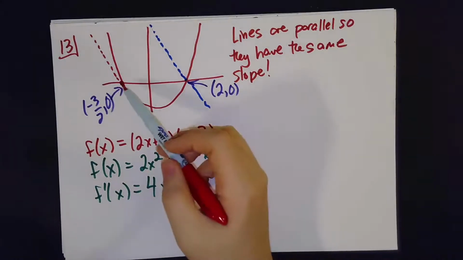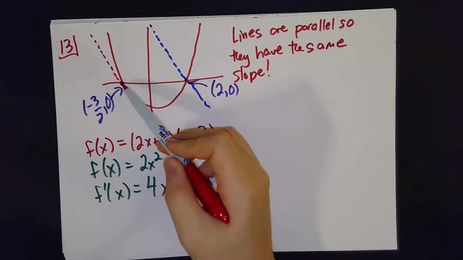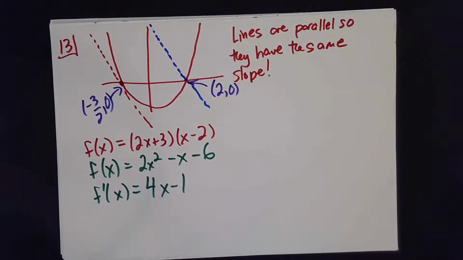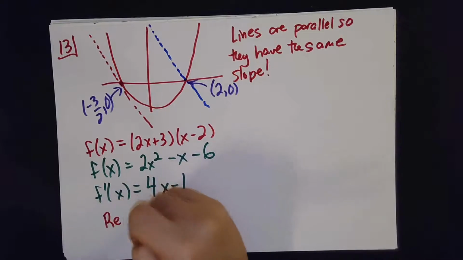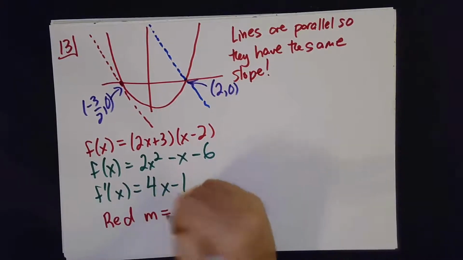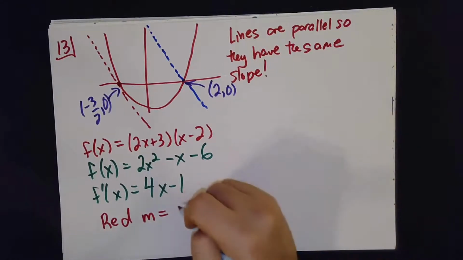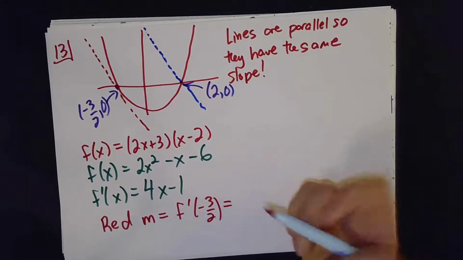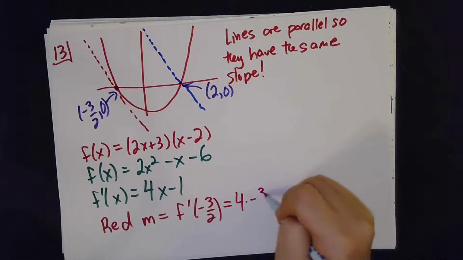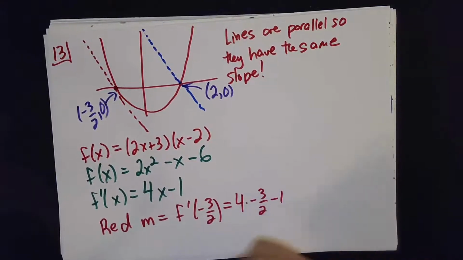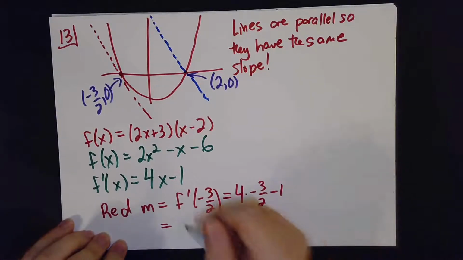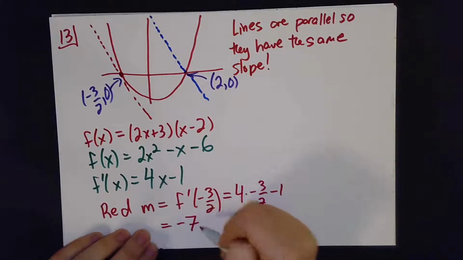That lets us find the slope of the red line because the red line is the tangent line at minus 3/2. So the red slope is f prime of minus 3/2, which is 4 times minus 3/2 minus 1, which is minus 6 minus 1, which is minus 7.